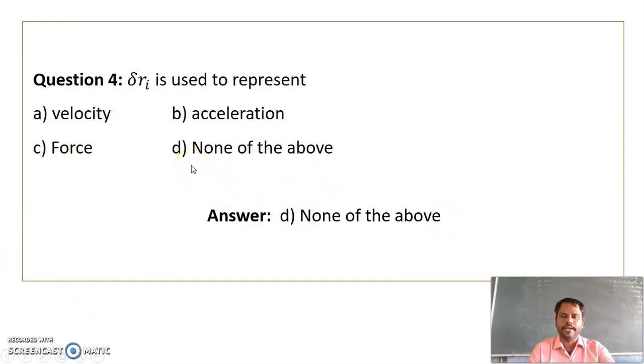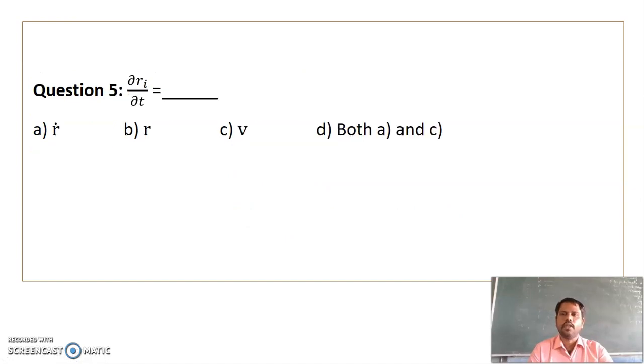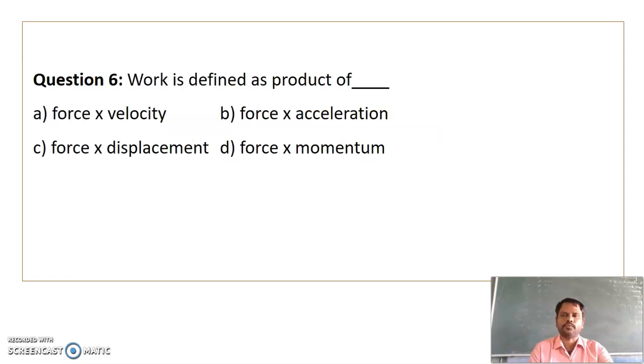Option is D. Dou ri by dou t is a rate of change of position vector, which is a displacement. So I have option A r dot as well as C v, they both are the same, so the option will be D. Answer is both A and C.